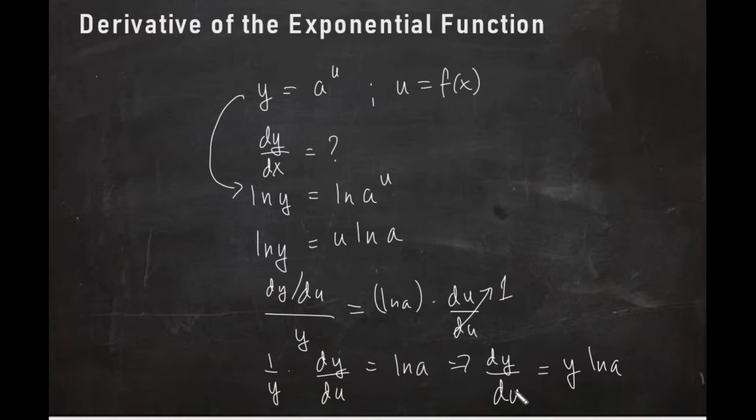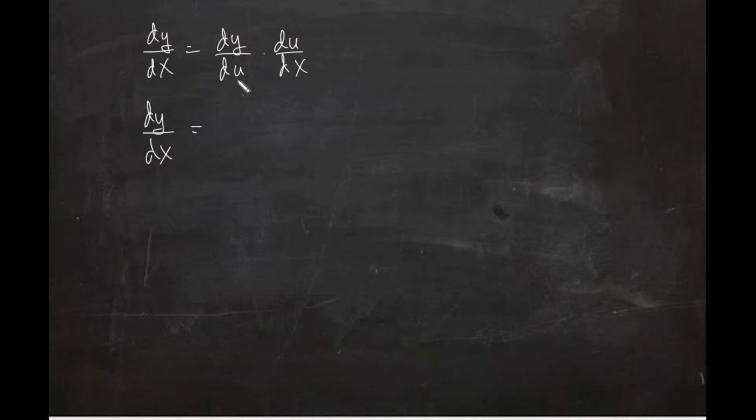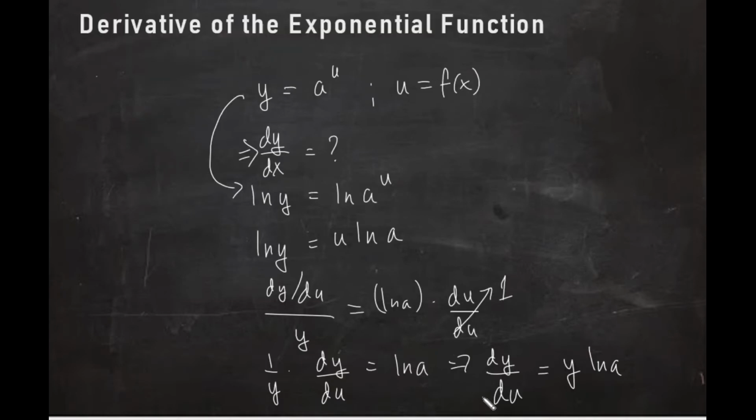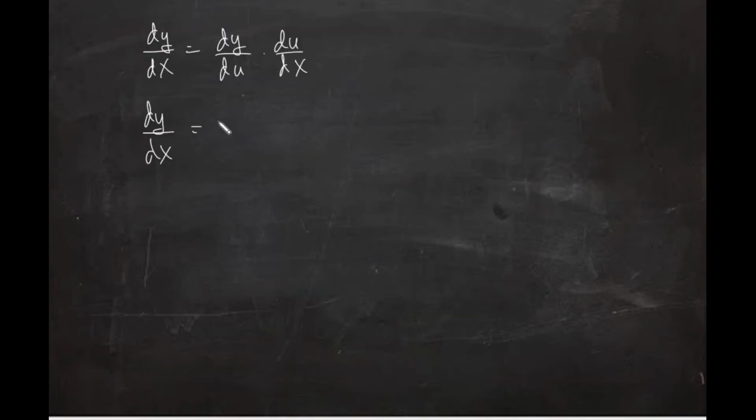But remember, we want to solve for the derivative of y with respect to x. So we will again apply the chain rule. By the chain rule, the derivative of y with respect to x is equal to the derivative of y with respect to u times the derivative of u with respect to x. We already have the derivative of y with respect to u, and that is equal to y times ln a.